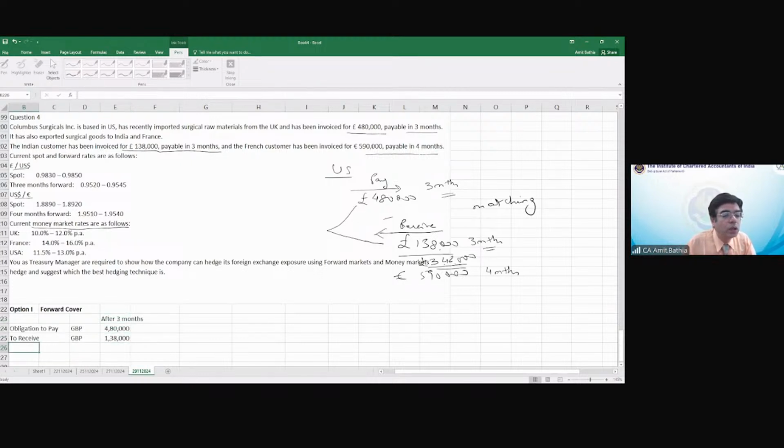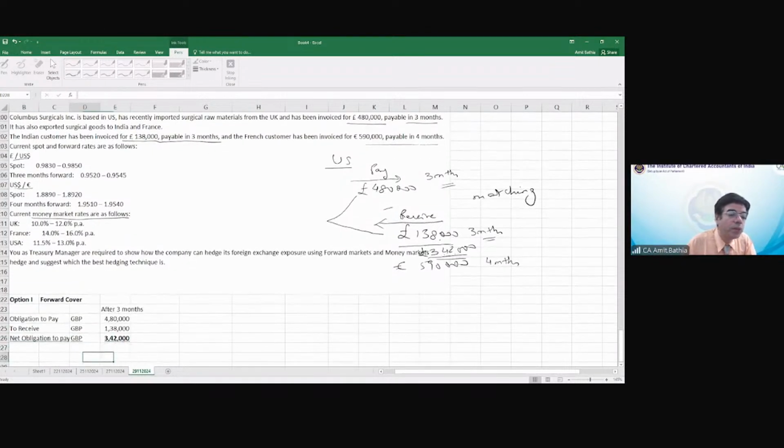So the net obligation to pay is how much? 480 minus 138. So I get 342 as my net obligation. Are you all with me? So far so good. Fair enough.